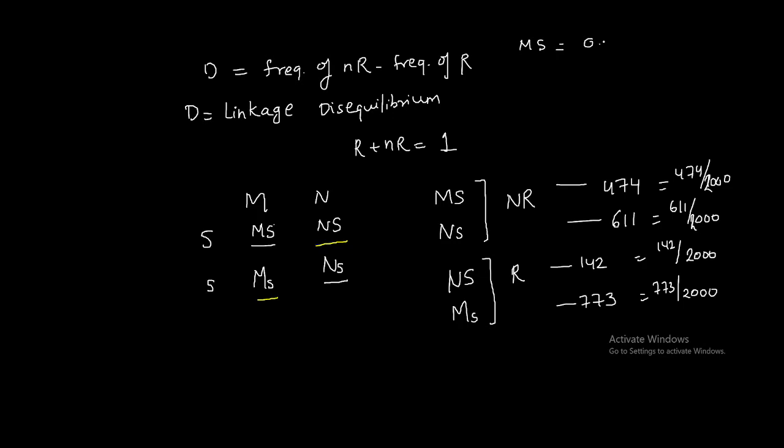I have already calculated with my calculator, but you can calculate it. Then N and S, this is 611 by 2000, so that is going to be equal to 0.3865.